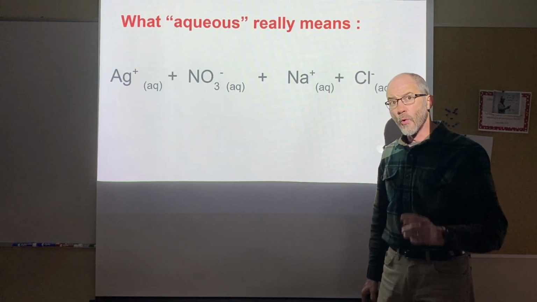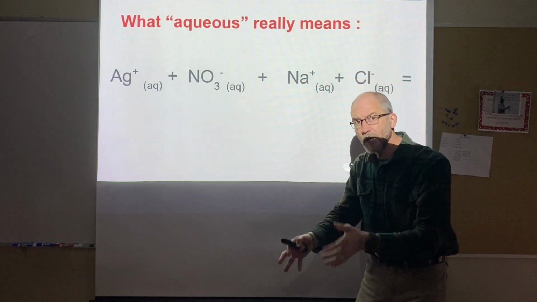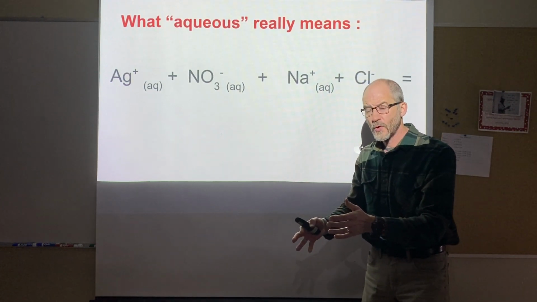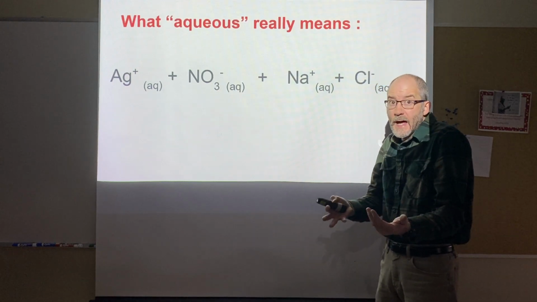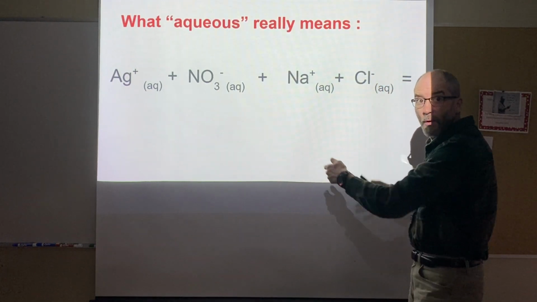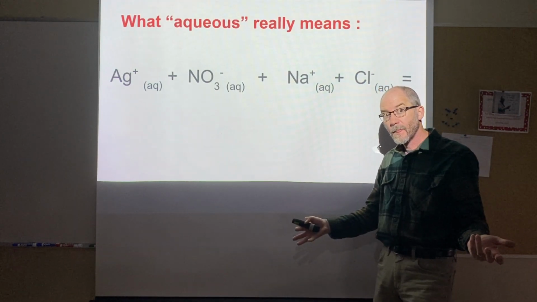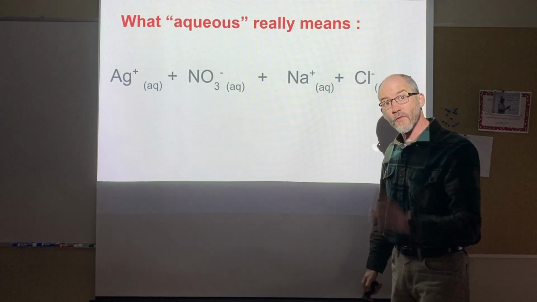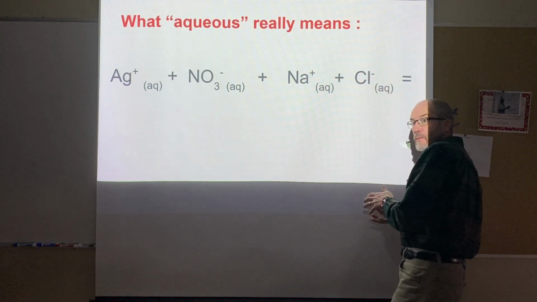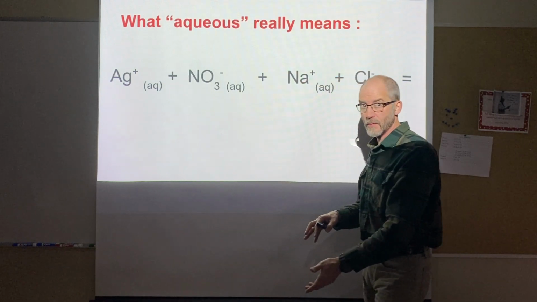Now, what if I have more than one item that I've put together in aqueous solution? Then I could feasibly have a reaction. The reaction that we had here was a double replacement, in which one of our products was still soluble, but the other product became insoluble.